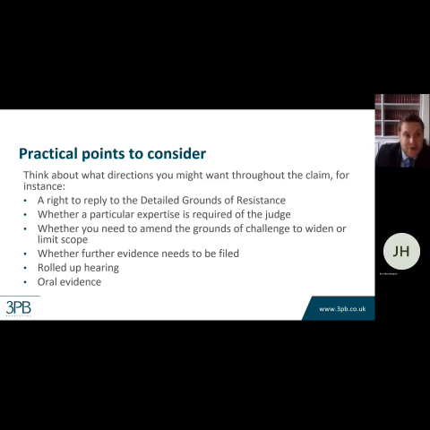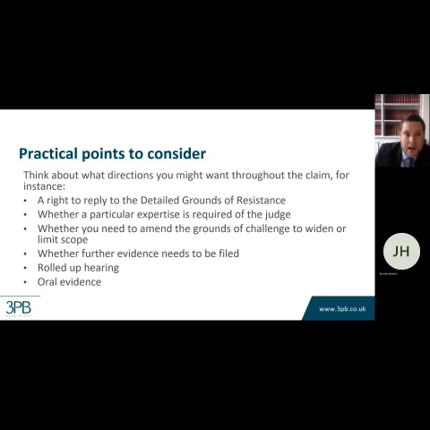I have known cases where after the claimant's reply has gone in, the defendant then puts in a response to the reply. I would suggest that you don't want to keep going back and forth between the parties, because it's going to serve no purpose and irritate the court. But if there is something that you really need to say, you shouldn't be scared of putting an additional document in.